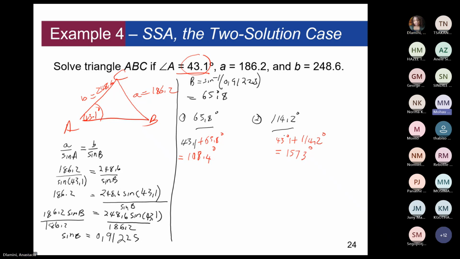Are we saying it can either be 108 or 157? You see how it's confusing. They call it an ambiguous case for a reason, because now you are confused. You don't even know what to do now.